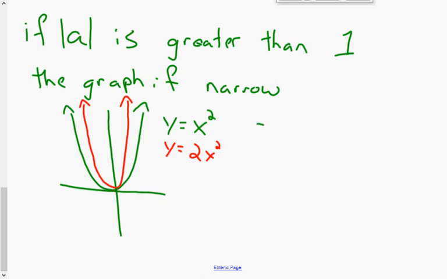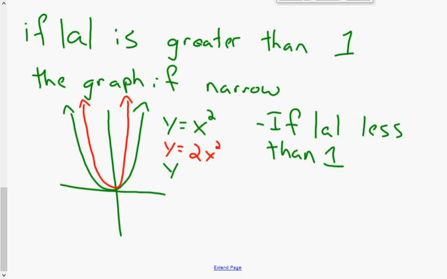And then if A is less than 1, so the absolute value. So if A is a fraction now, or a decimal, let's say I'm going to graph now. Well, I'll use this. Anyone want to take a guess at when it's a fraction, what's going to happen?